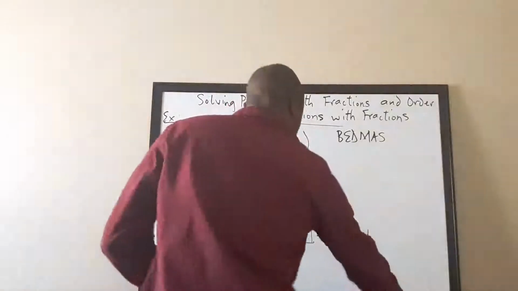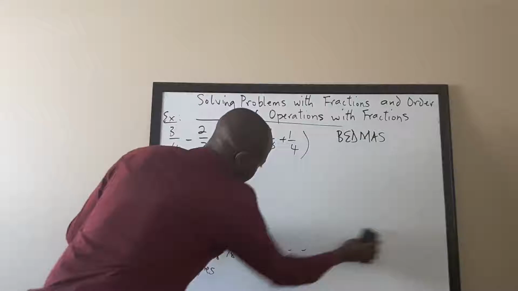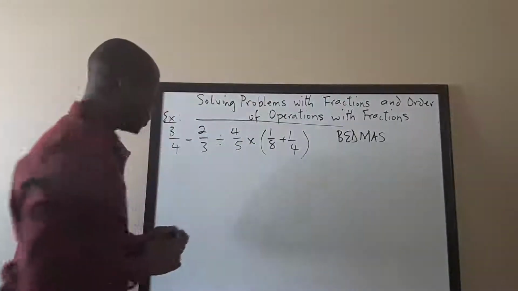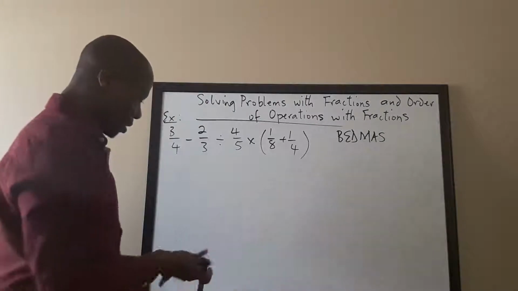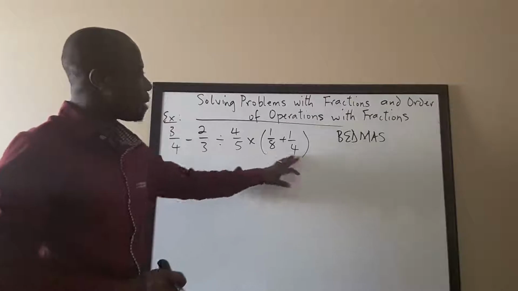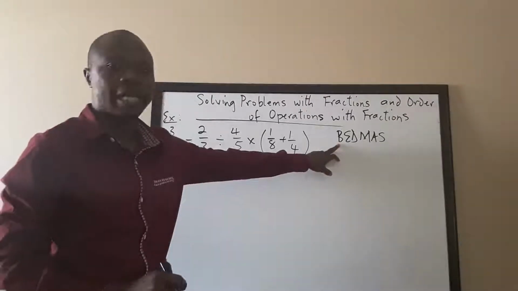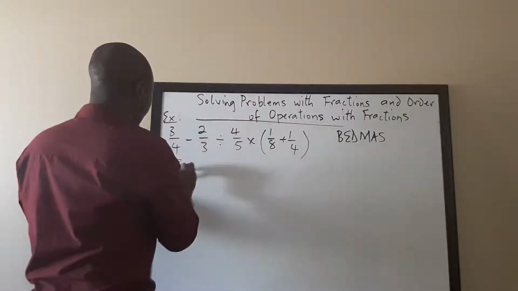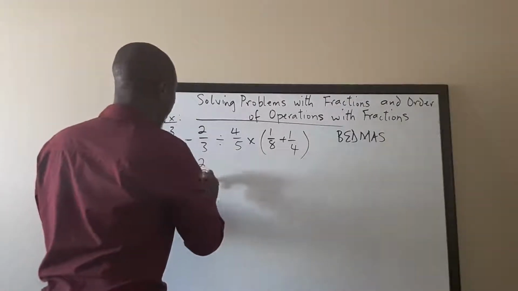So let's try and see. So right away, I can see bracket here. So we're going to take care of that first. So I'm going to write the rest here. So 3 over 4 without doing anything about that for now.